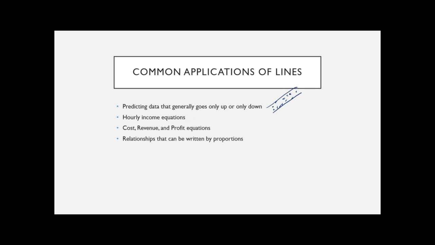Equations of a line have a rate of change, and what's special is that the slope, which is the rate of change, is constant, so it doesn't change. It's changing by the same amount.